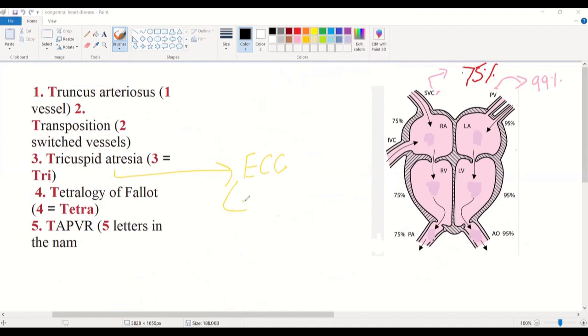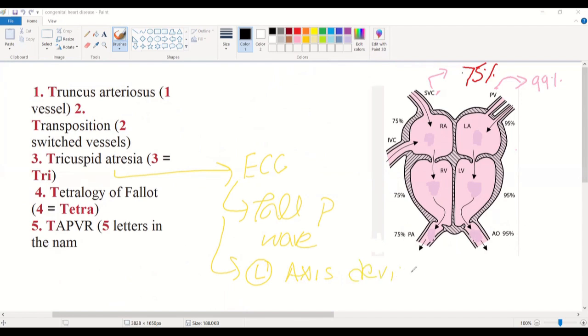There will be tall P waves and left axis deviation.